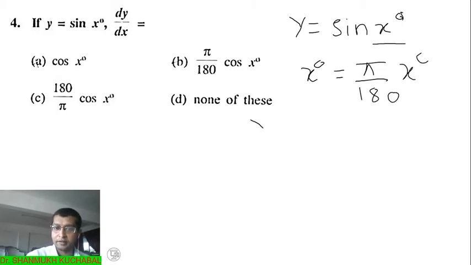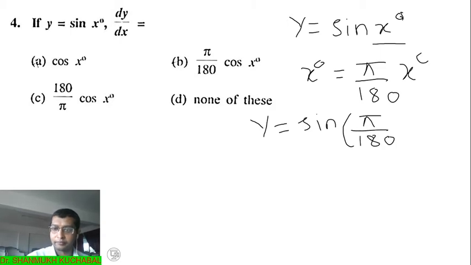So we take this, so we get y equal to sine of pi divided by 180 into x. So further we have to find the differentiation for this.